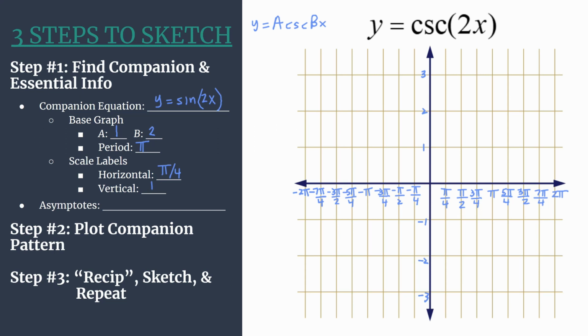Now before we move on to step 2, let's take a moment and find the asymptotes equation. These are going to be the asymptotes of cosecant 2x, and they'll occur wherever our companion graph has its original x-intercepts.